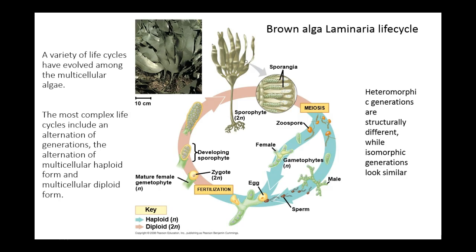And this is where you have this alternate generations, acclimating ourselves to the image that we have. You have the whole blue portion. The blue portion is more towards the right. That's where you have the haploid part of the species.